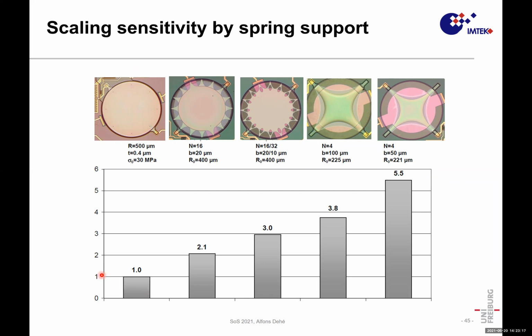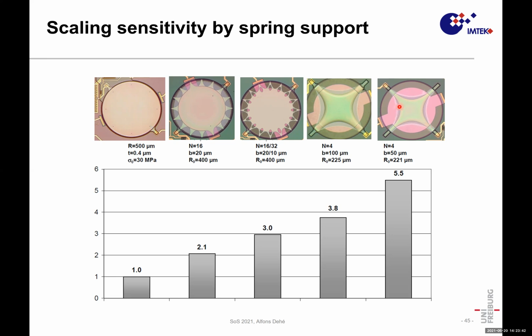What you see here, if the circular has a sensitivity of 1, the next one has double, 3 times, 4 times, 5 times the sensitivity of simply this clamped membrane. And this is all fabricated with the same material parameters of the diaphragm, just getting you different sensitivities by design. And there are limitations to it, of course.